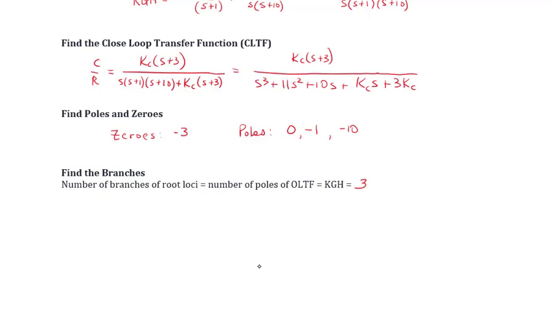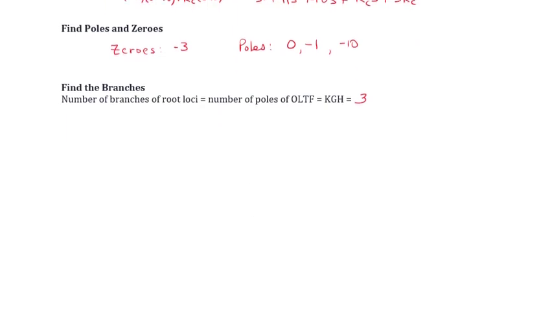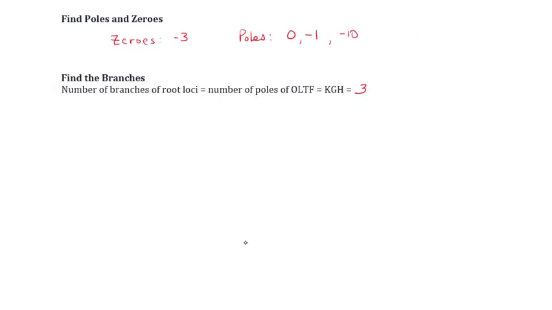Now, where do the branches exist? I'm going to go ahead and draw the pole-zero map here. We've got a pole all the way out at -10, so -1, 2, 3, 4, 5, 6, 7, 8, 9, 10.